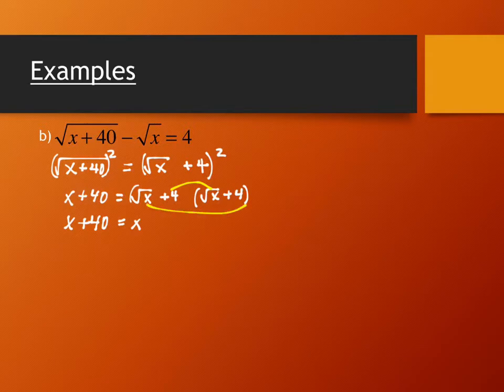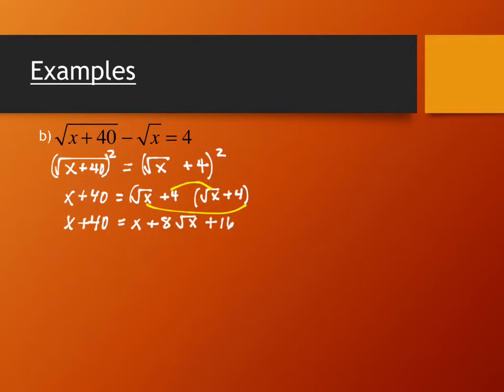And when I multiply these two together, I get 4 square root of x. And that's 8 square root of x. And I've still got a square root of x. Does that make sense for everyone? Unfortunately, my radical's still there. I mean, it's going to go away eventually, just not in this step. And then my last two terms, the 4 times the 4 is going to be 16.